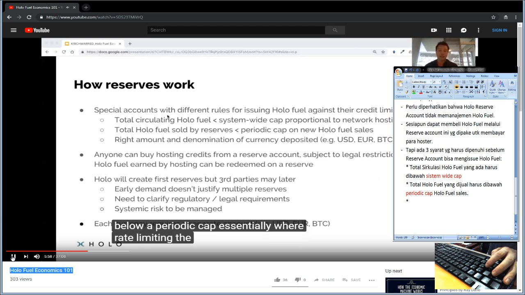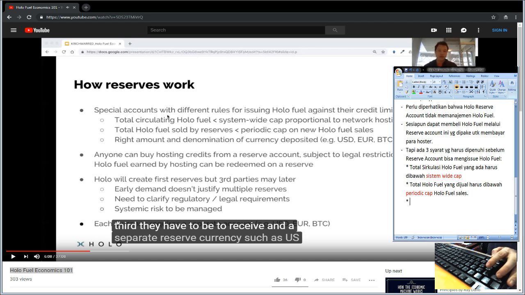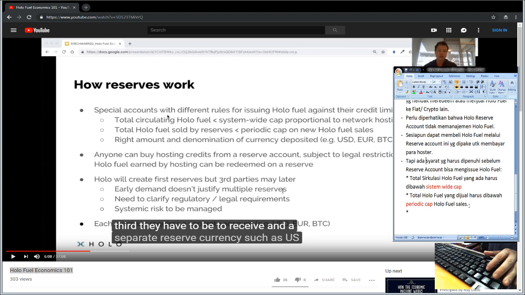We're rate limiting the creation of fuel. And third, they have to be to receive an accepted reserve currency, such as US. Ini nggak penting, ini nggak. Tapi ada syarat pun dapat membeli hollow field dipakai untuk Sumber reserve.